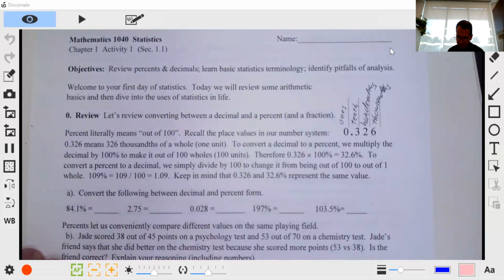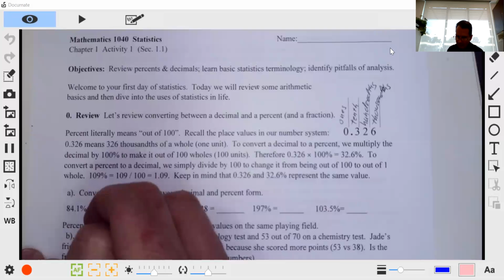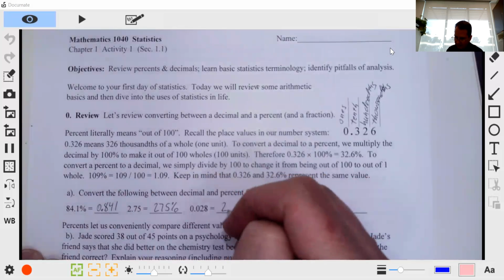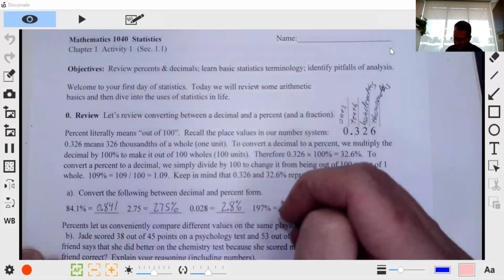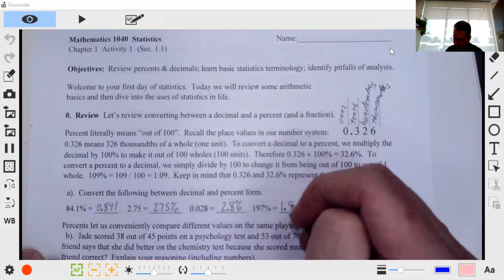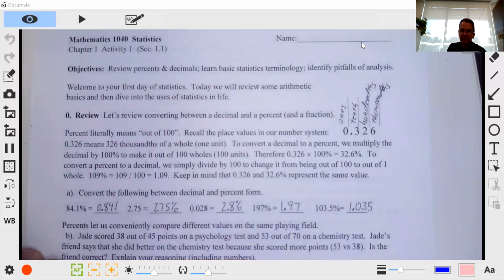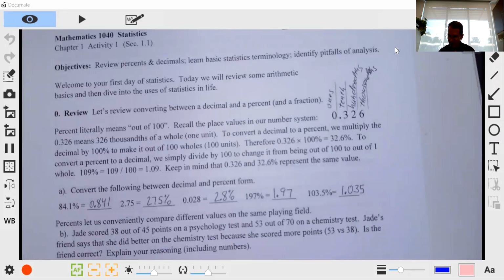I'll give you a minute to do that. So you can check your work here.